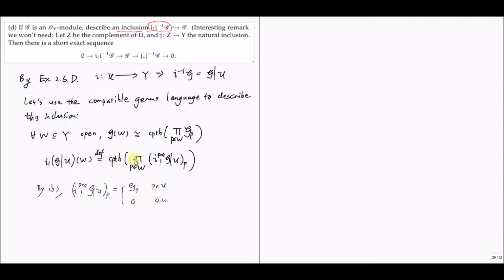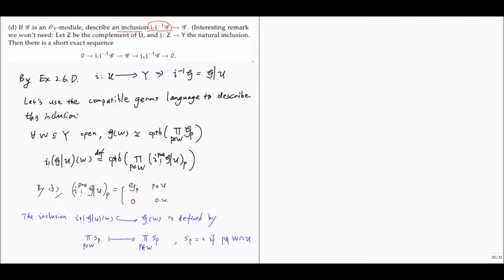So now we can define an inclusion from this to this. The inclusion is defined by sending the product of compatible germs in here to the corresponding product of compatible germs in here through this identification. Note that s_P is 0 if P is not in W intersection U.